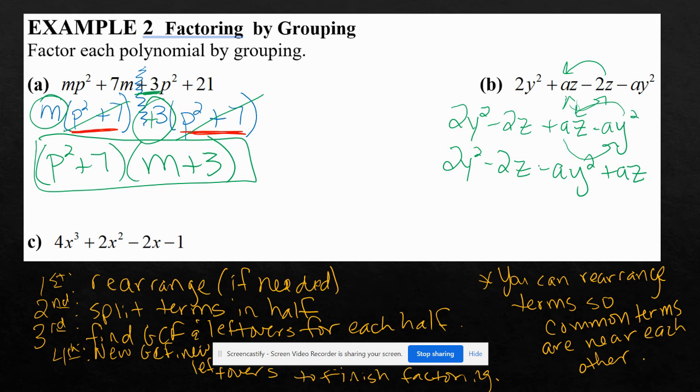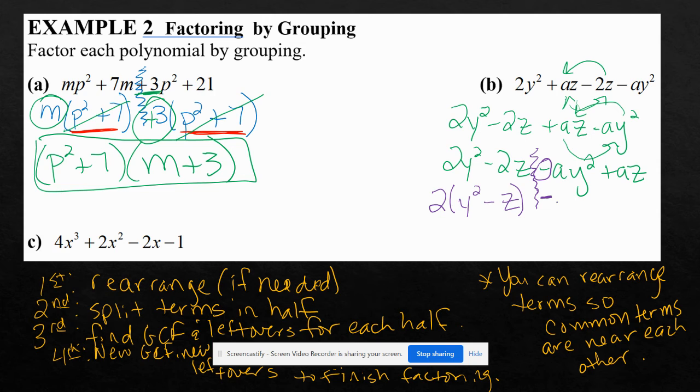So I see y squared z, y squared z. All right. Now that I've rewritten it, I'm going to go ahead and split it in half down the middle. On this left side, they have a common factor of 2. That leaves me with y squared minus z. We always start the next part with whatever sign is in front of the second half.